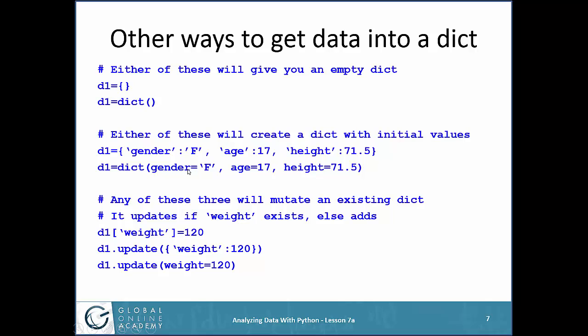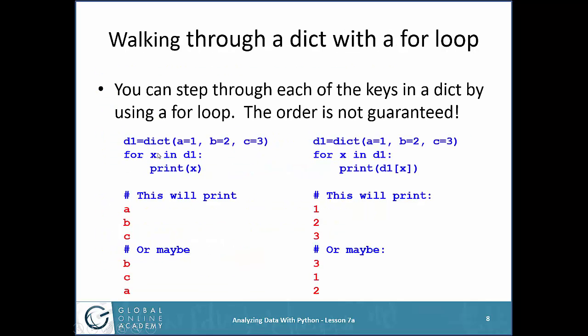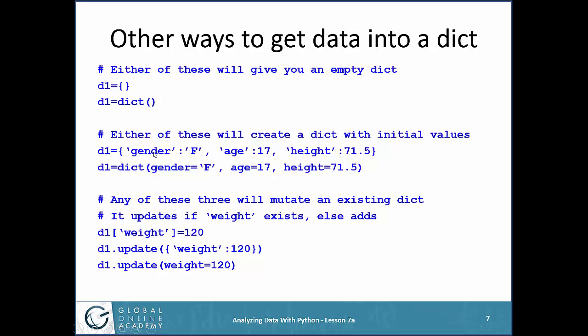Notice I did not put gender in quotation marks here, but I did in the previous line. When I'm creating my dictionary, key value, key value, key value inside curly braces, if I want my keys to be strings, I put my keys in quotes.